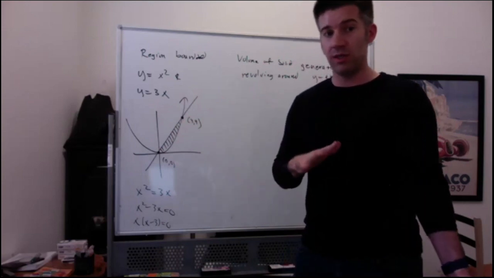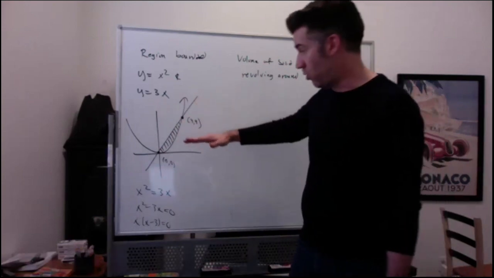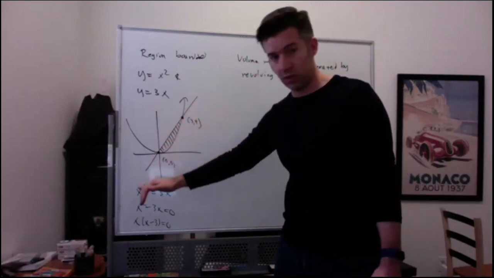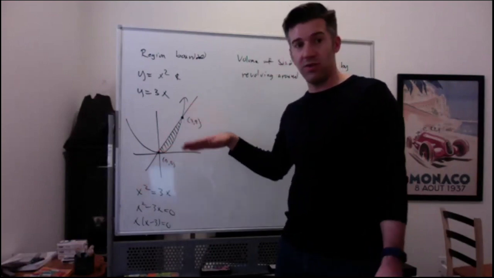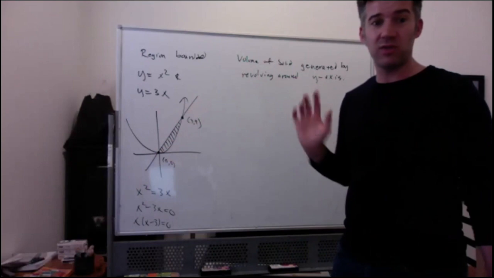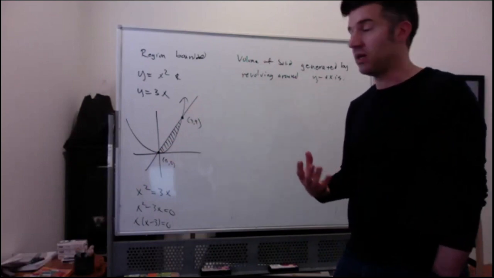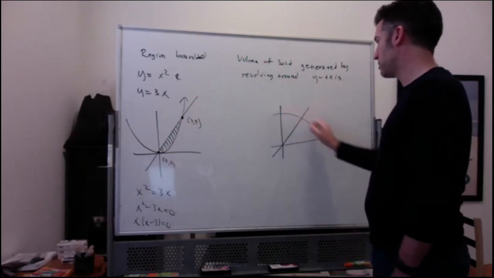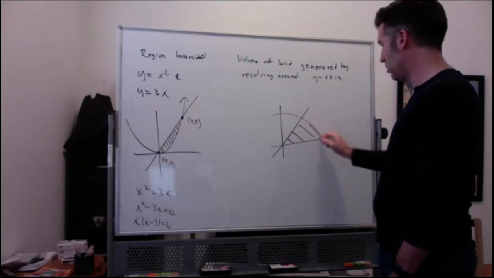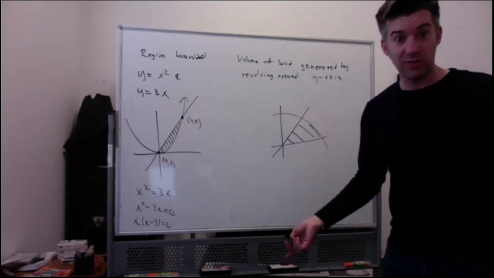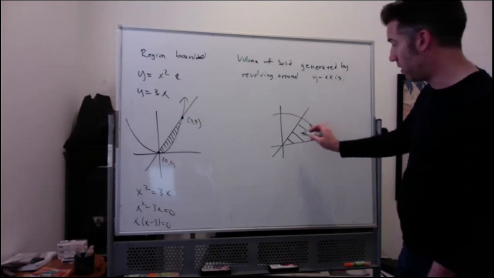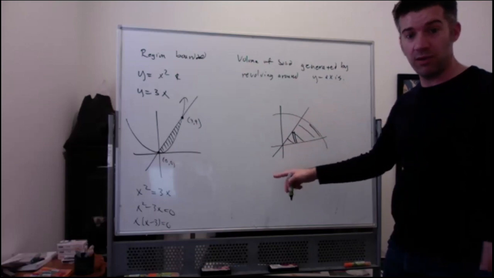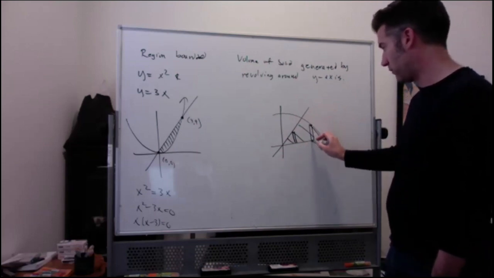I don't want it to be halfway through changing to a different top function or bottom function. You could equally argue for this example that a horizontal strip works just as nicely. For a horizontal strip, the left function is always this function, and the right function is always this function. So either kind of strip is fine here. But if you have a shape that might look like this, I would not want to use a vertical strip, because halfway through, the top changes from this line function to this circle-looking function.